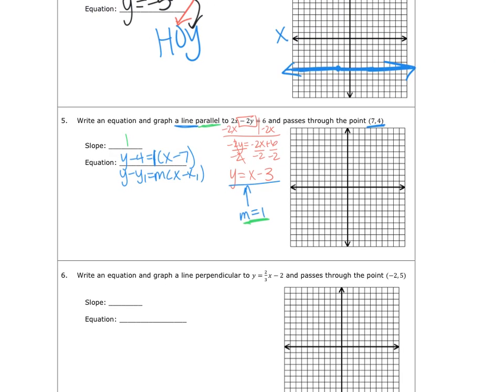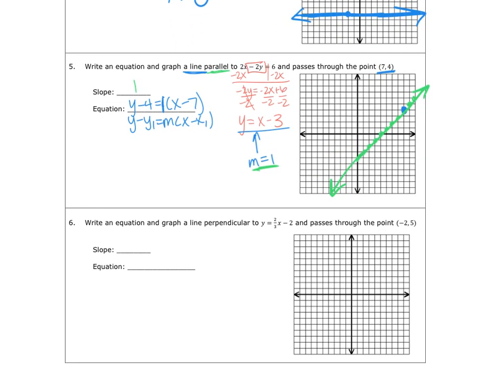So I'm going to plot the point 7, 4 and then use my slope of 1 to graph this line. So again, in order to make it parallel, I had to find the original slope and then plug into point slope.